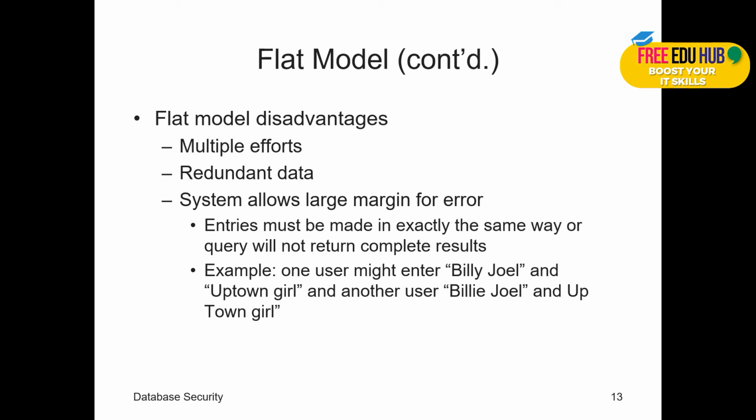It could be repeating, because if a person came twice or thrice in a day, it would have 3 or 4 different records. Whereas if you have a properly designed database, it would have only one patient and the timings separately appearing, showing how many times he has visited in a day. Large marginal error: entries must be made in exactly the same way, or the queries will not return the exact results.